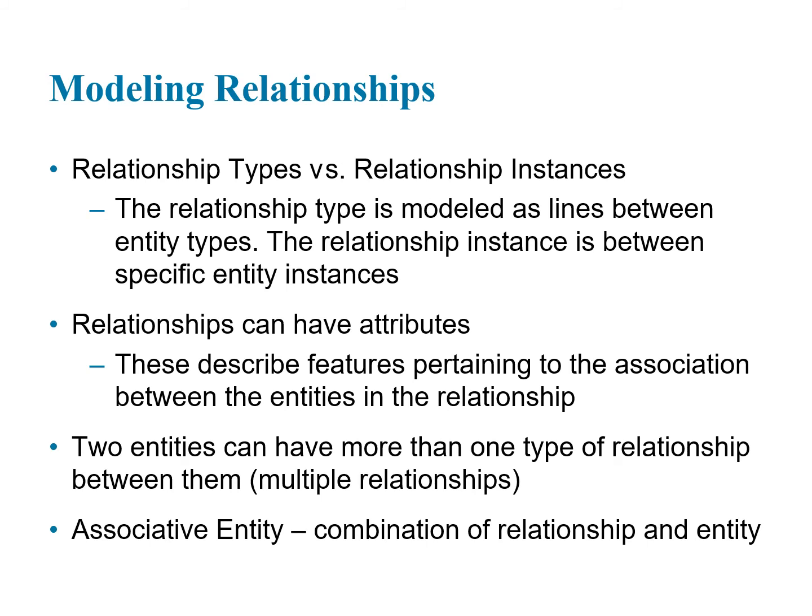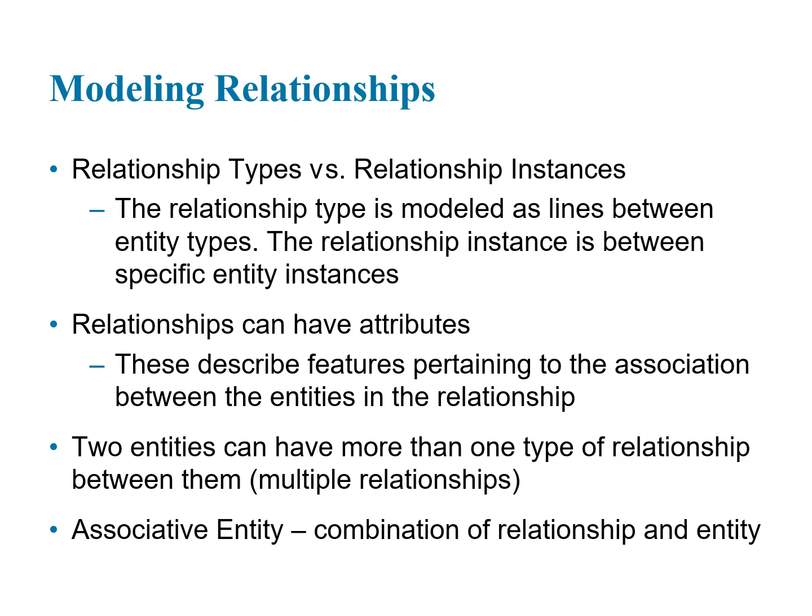Modeling relationships. Relationship type versus relationship instances. The relationship type is modeled as a line between entity types. The relationship instance is between specific entity instances. Relationships can have attributes.